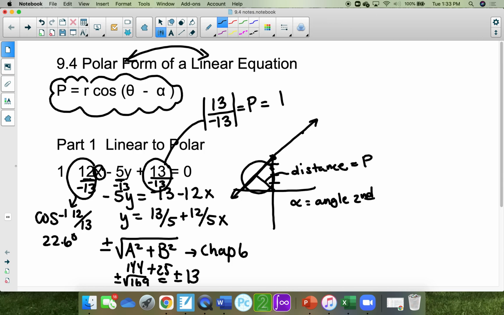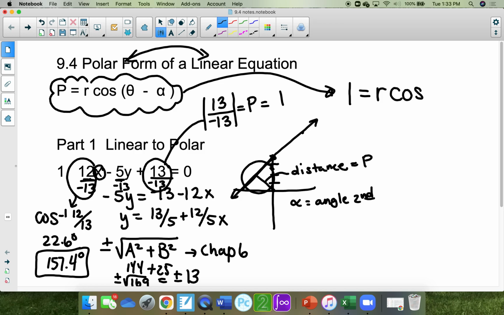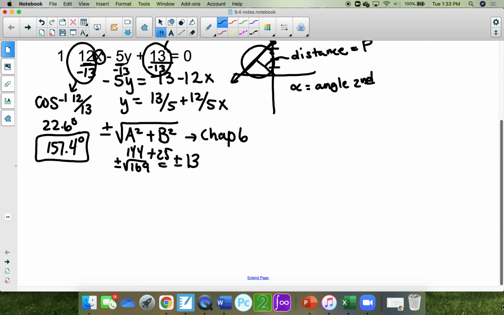So 180 minus that is 157.4 degrees. So I need to rewrite it. P is 1 equals R cosine of theta minus alpha, and the alpha is 157.4 degrees.